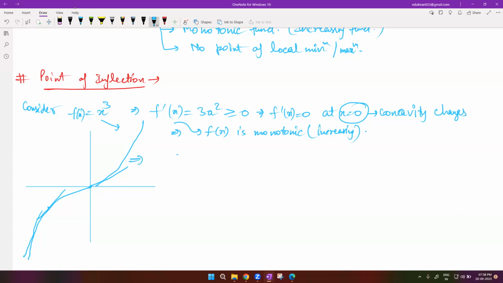So in this case, your curve is above, tangent below. But in these cases, your tangent is above and your curve is below.